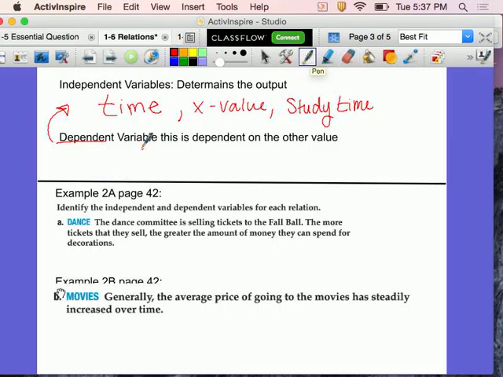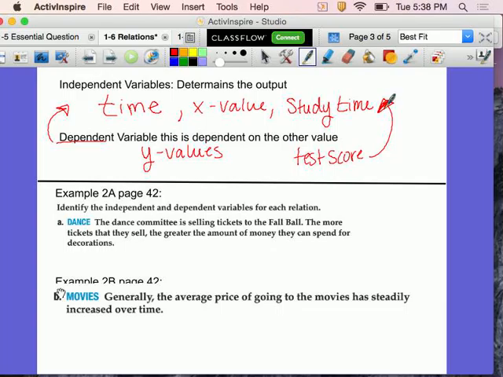They're always the y values. For example, study time, well, that's something you choose to do, that's independent. But your test score is often dependent on how much time you put into it. So you kind of have to read each situation and make a decision.